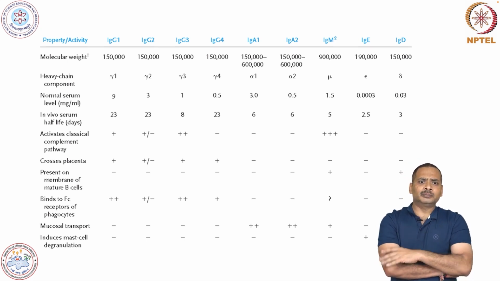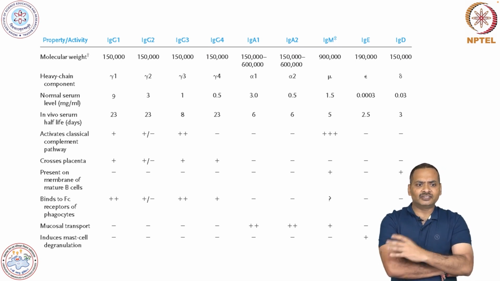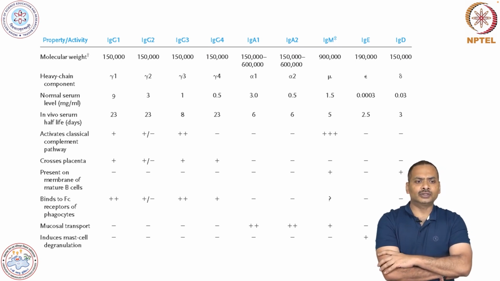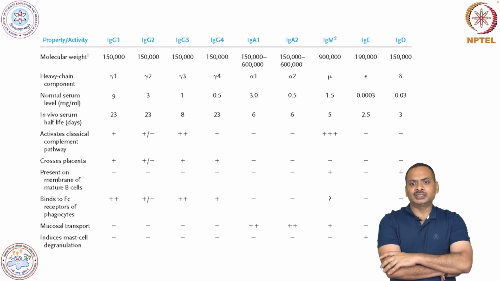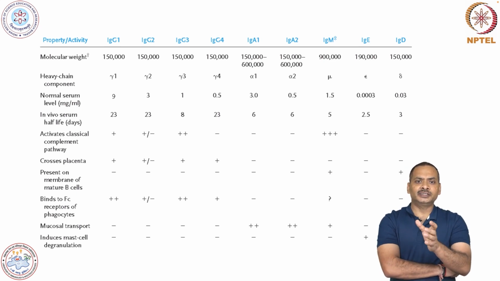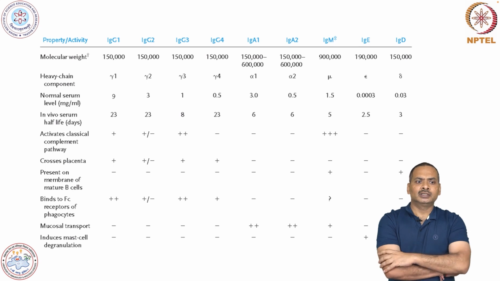Some of these, particularly IgG, can bind with the Fc receptor of phagocytes. And mucosal transportation mainly takes place for IgA. Here you can see that both subtypes of IgA can be transported in mucosal areas.